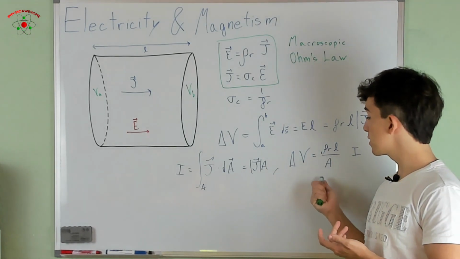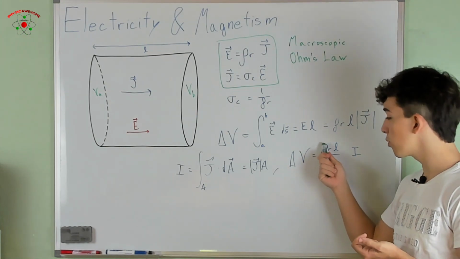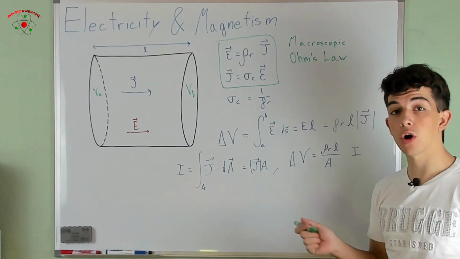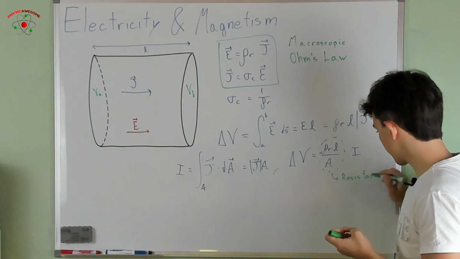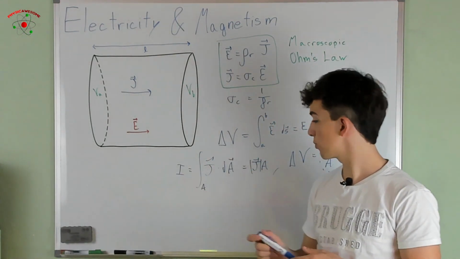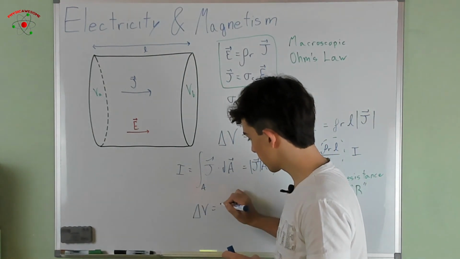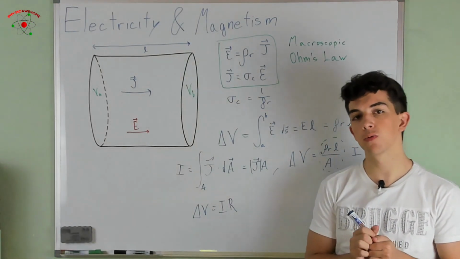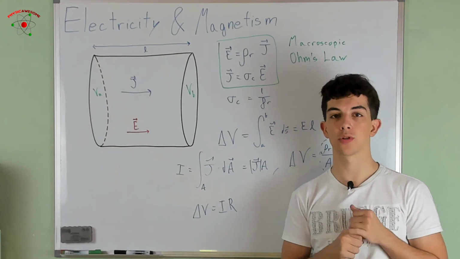Therefore, this quantity deserves a special name, and as it is proportional to the resistivity of the material, we're going to call it resistance. Therefore, we end up with an expression of the form delta V equals I R, which is the common expression that we're used to seeing for Ohm's law.